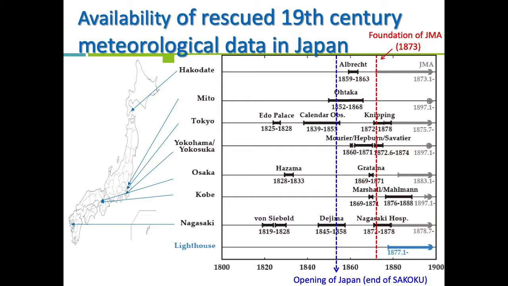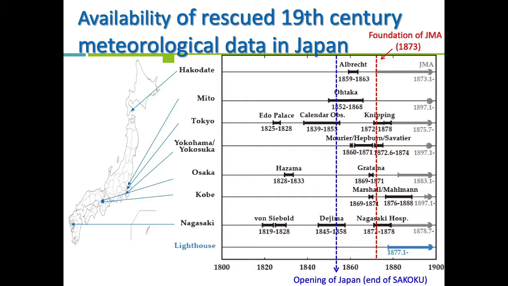This diagram shows availability of 19th century meteorological data in some places over Japan. In this figure, gray arrows represent observations by JMA. Black bars are indicating records which my colleagues, many historians, and I found so far.